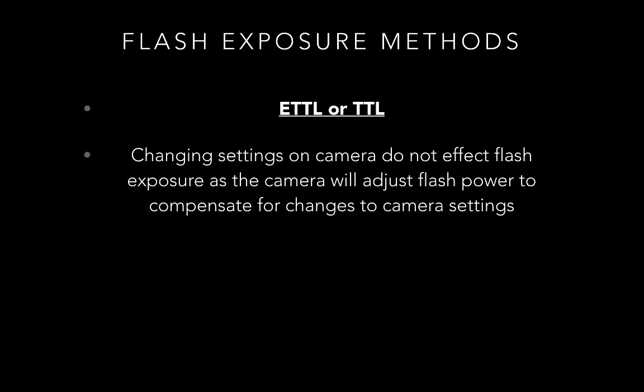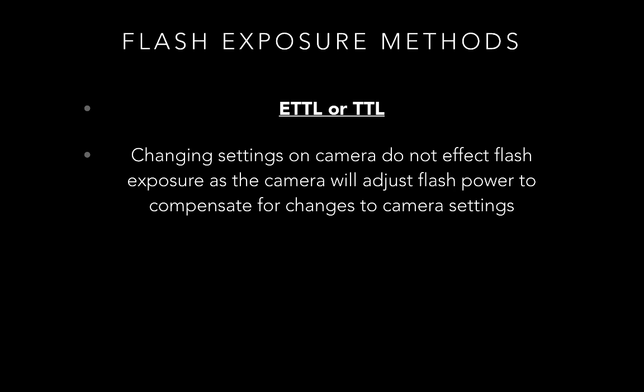Now, changing the settings on your camera does not affect flash exposure, as the camera will adjust the flash power to compensate for changes to camera settings. Unlike manual mode, if I am in TTL and I change my ISO from 100 to ISO 1000, then once I take another exposure, obviously the camera is going to emit the pre-flash.